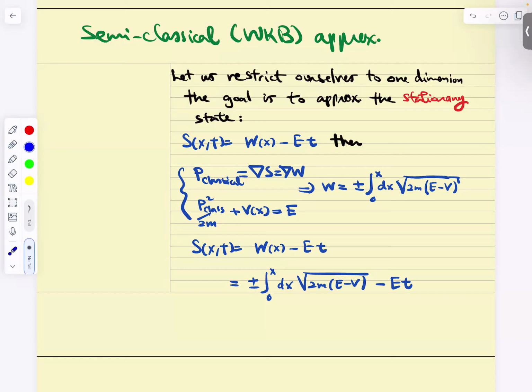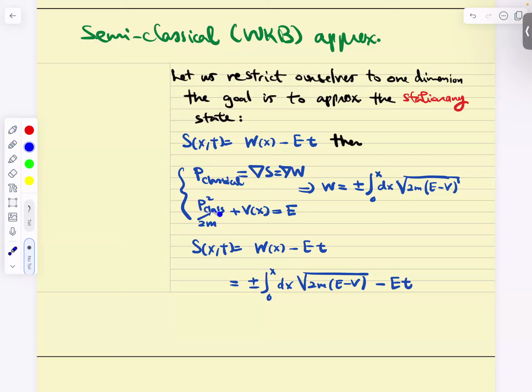So the idea is the following. For stationary states, the gradient of S had the interpretation of classical momentum. And because S for a stationary state is W minus ET, this would be just the gradient of W. Everyone's with me so far? Then for classical states, we also expect that P classical squared over 2m plus V of x is the energy.